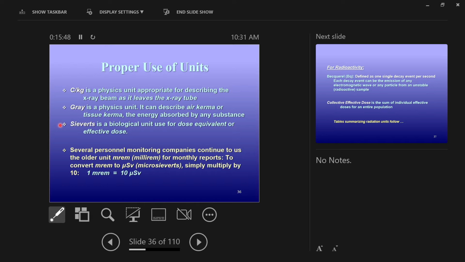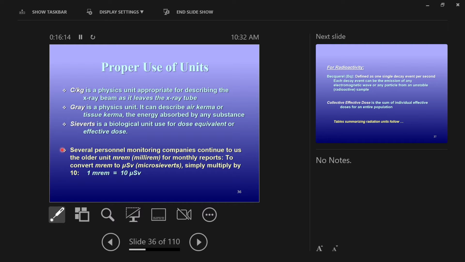Okay. One small side note, because the monitoring companies are slow to catch up, the badge, so all the testing you guys do is using these units we learned. All of the textbooks use these units we learned, but some of the badge monitoring companies, personnel monitoring companies, are continuing to report dose in the old units, okay?